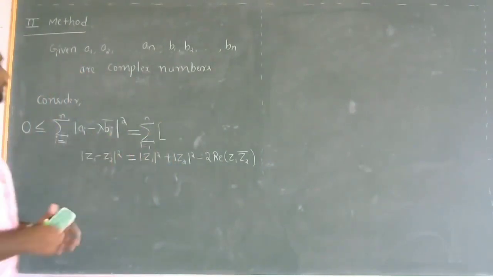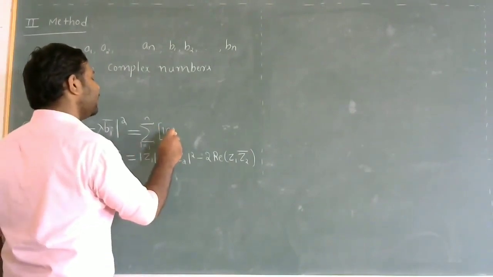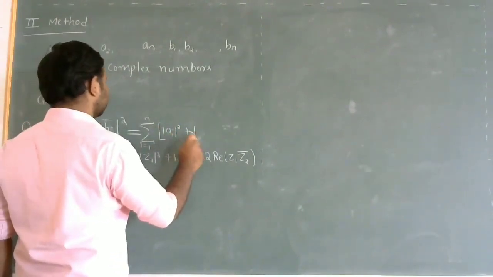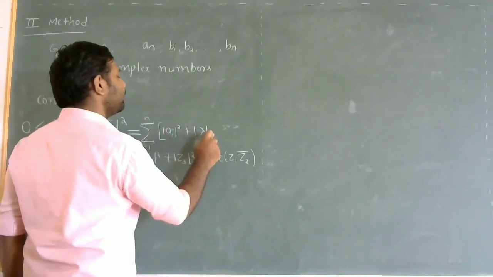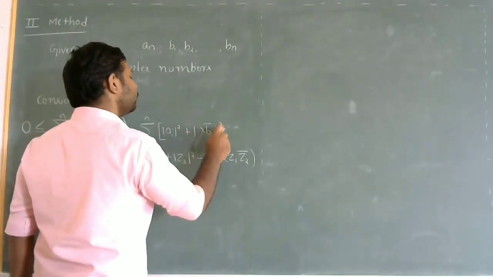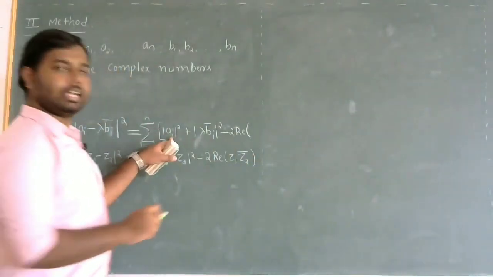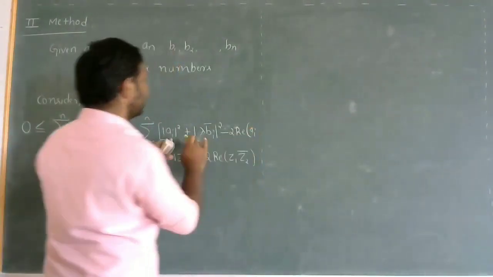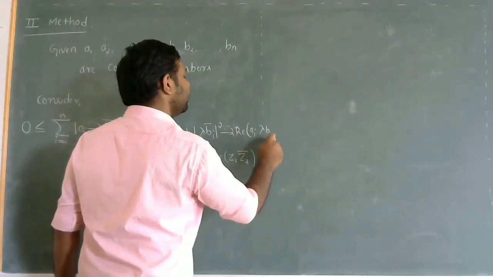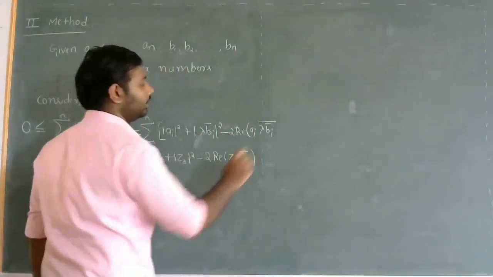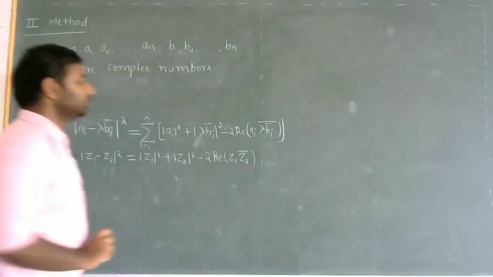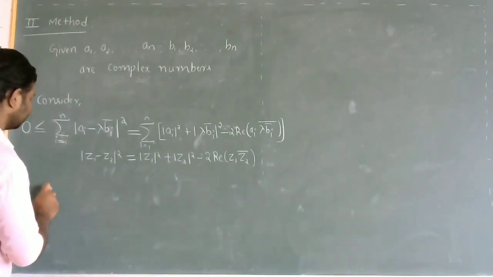The expansion is modulus of ai whole square plus modulus of lambda bi bar whole square minus 2 into real part of ai into lambda bi bar whole bar.